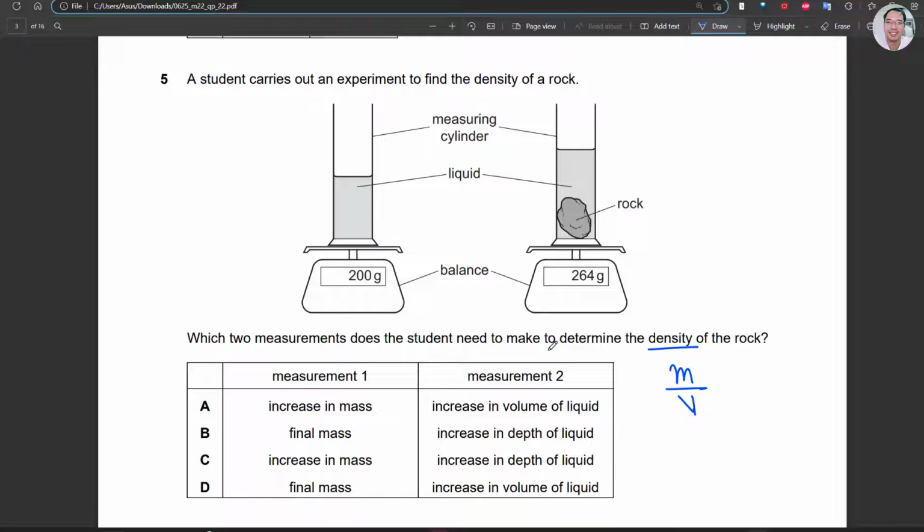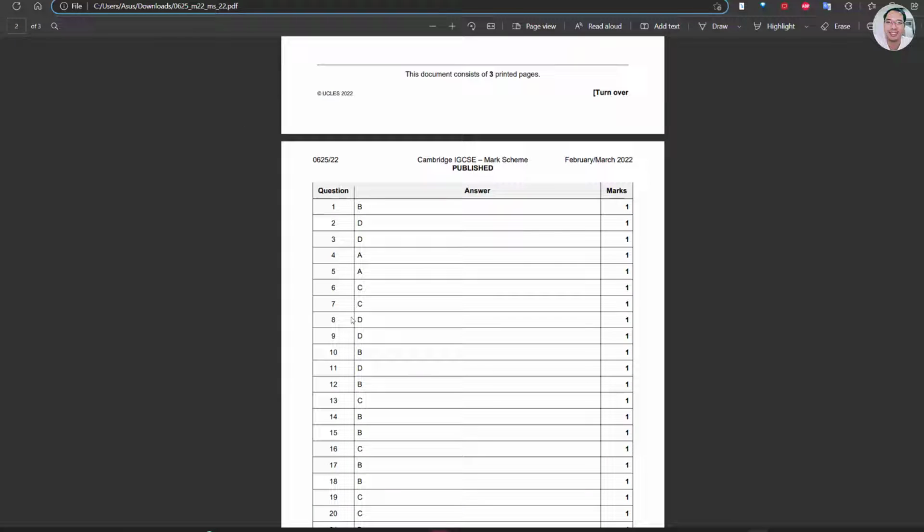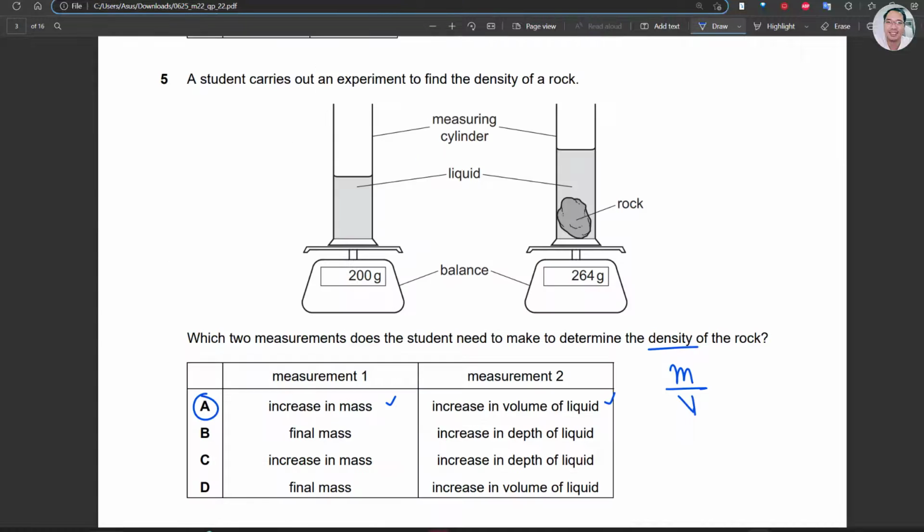We got the increase in the mass, which is 64 kilogram, the mass of the rock, and we also need the increase in the volume of the rock. So the answer, measurement 1 is the increase in mass, and measurement 2 is the increase in the volume. Answer A. Question 5, yes, that's A.